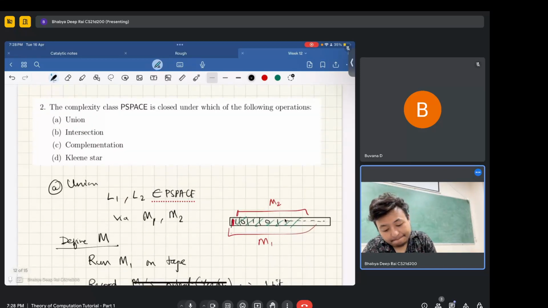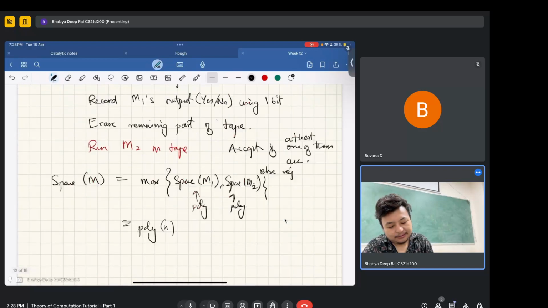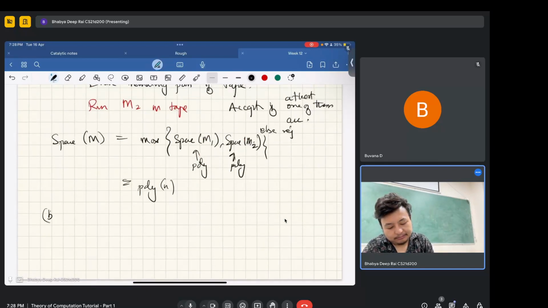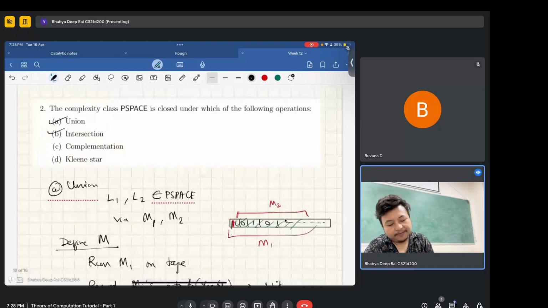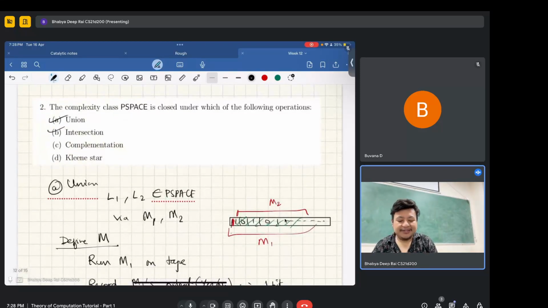Okay, now union is fine. Intersection, same logic. You check if both accept at the end. And complementation, Kleene star, these two you can try once. The logic is very similar.